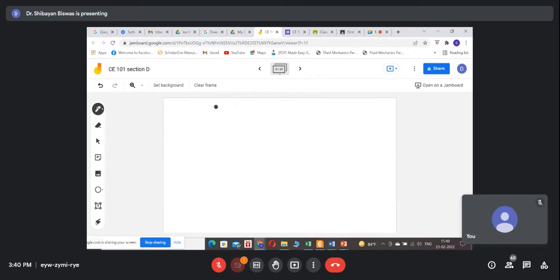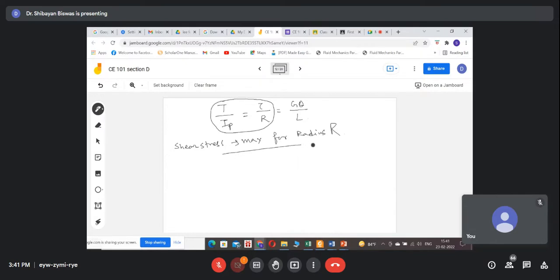Now, let me rewrite the formula again. T by IP is equal to tau by R is equal to G theta by L. So the shear stress, we know that shear stress is maximum for radius R. So R maximum is basically the capital R, right?